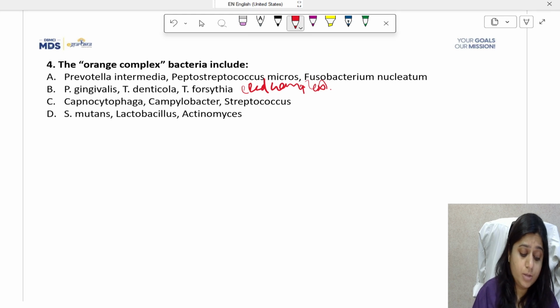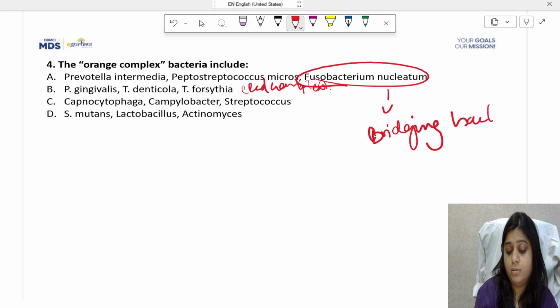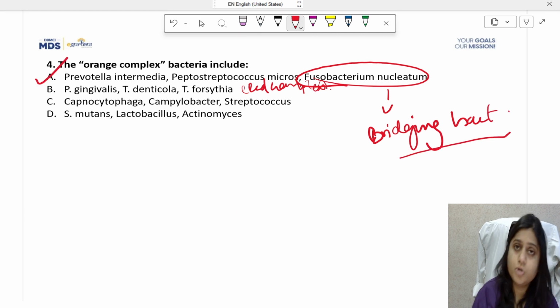Option D is Streptococcus mutans, Lactobacillus, and Actinomyces. The answer to this question is option A, which is Prevotella intermedia, Streptococcus micros, and Fusobacterium nucleatum. Fusobacterium nucleatum is one of the most important bacteria of the orange complex, and it is a bridging bacteria.